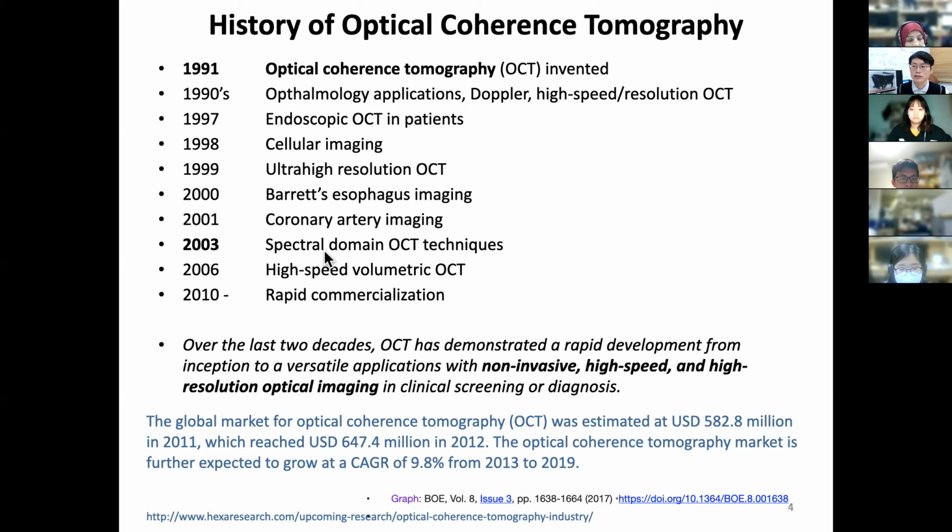We developed spectral domain OCT, which means, instead of thinking of everything in the time domain, looking at the spectral domain, people realized we can improve signal-to-noise ratio hugely. That means you can make very fast imaging. So that was an amazing revolution in the OCT field.